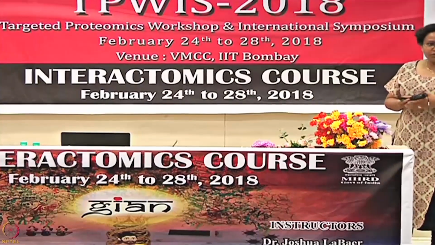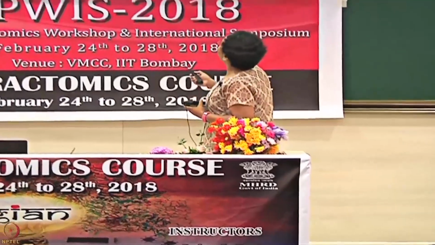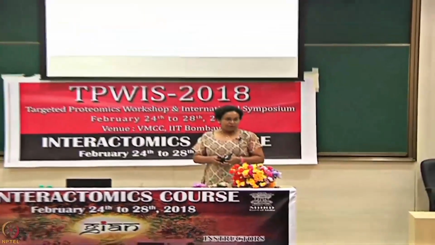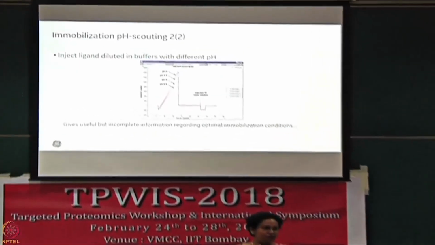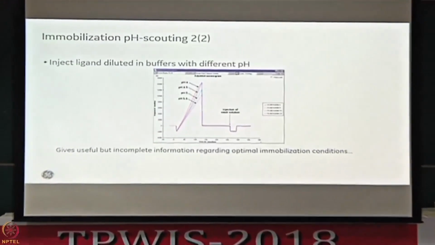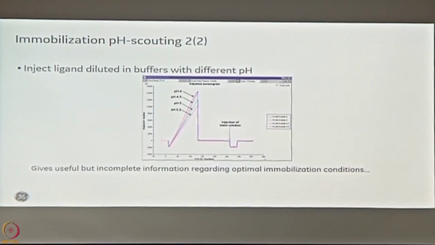So you can take a little bit of your protein before you do your actual immobilization and run this pH scouting experiment. Take a small amount and mix it with various buffers. Typically, the buffer that we supply is from pH 5.5 to pH 4.